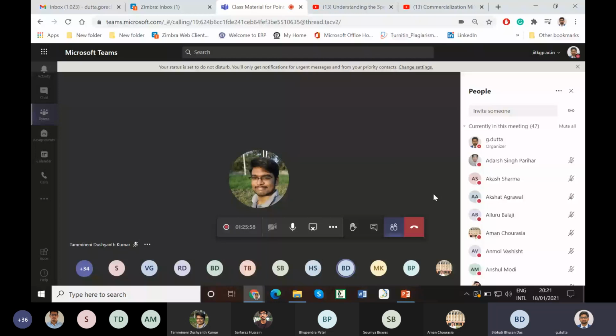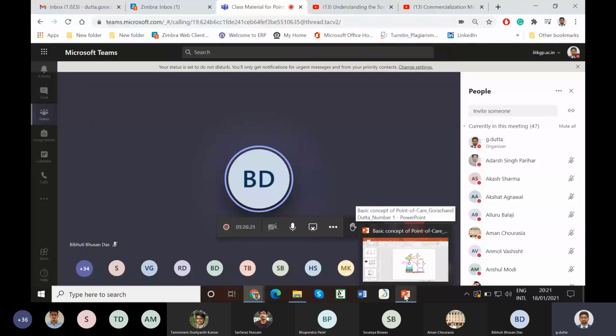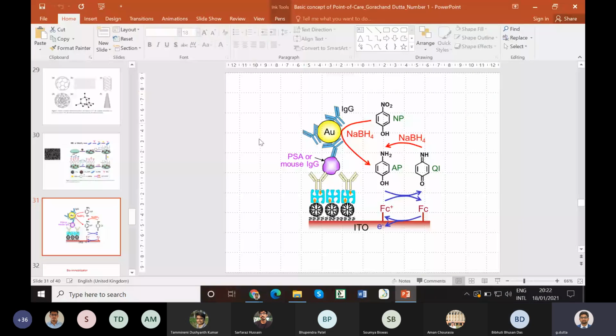Sir, what kind of washing buffers could you use, and will it hinder the biosensor? That's what I told you: the names of the components, everything, I will teach you slowly. Today I am just going to show you how we can form the biosensor.